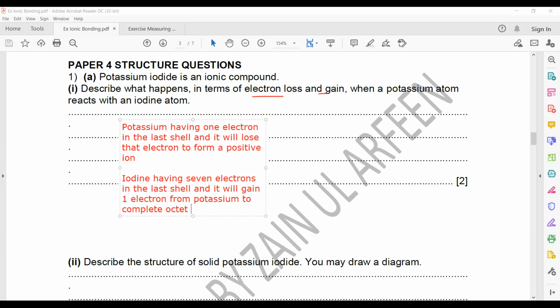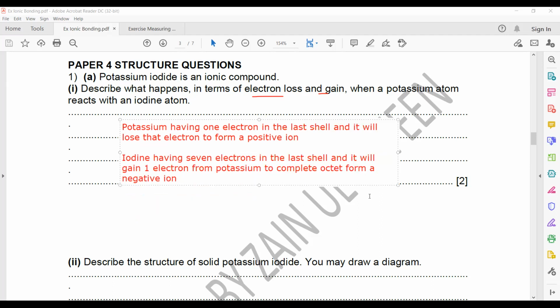Octet means 8. It forms a negative ion. So metal will lose electrons whereas non-metal will gain electrons.